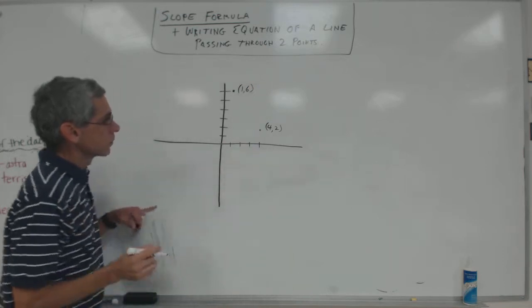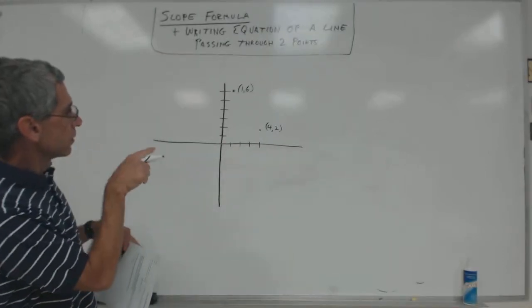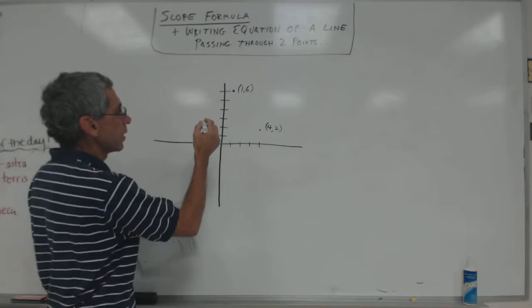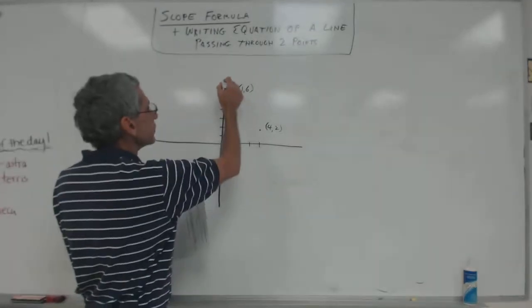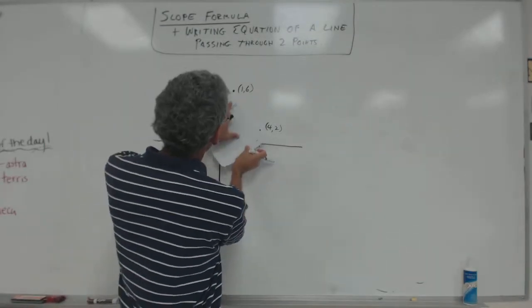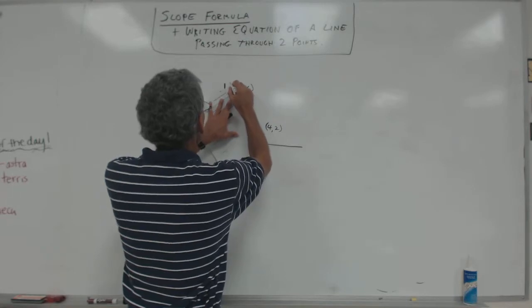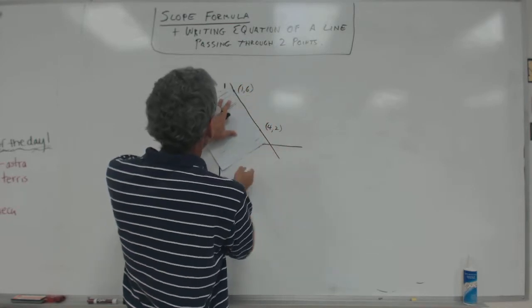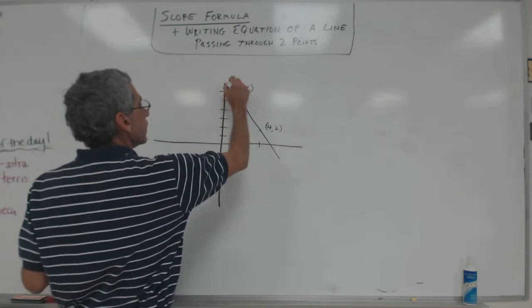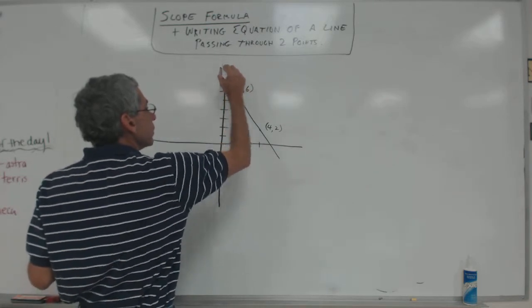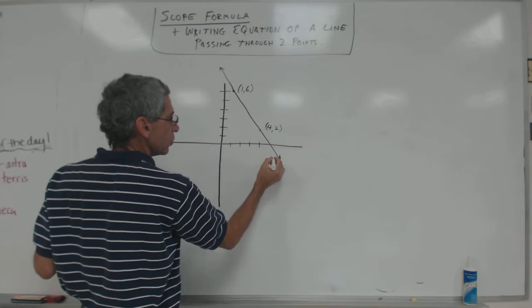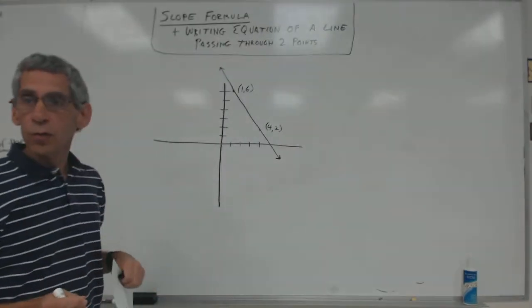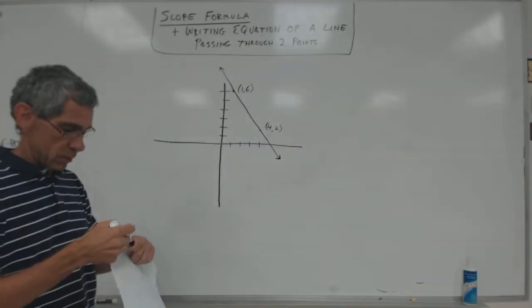Did I do that right? I think so. And let's say I have a line, a straight line that goes on forever and ever, and I'm asking you to find the slope between these 2 points.